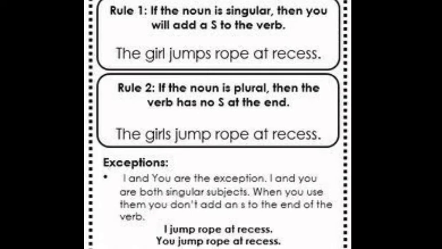I is singular and jump is the base form of the verb. Next you see, you jump rope at recess. You is also treated as singular and jump has no s. So you are not required to add an s in such sentences.